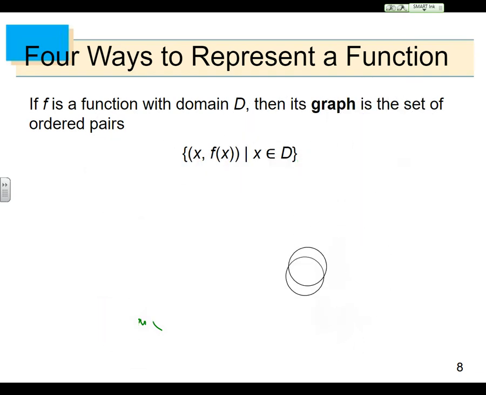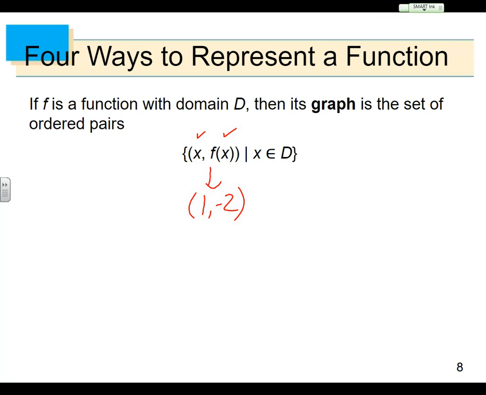Some ways that we're going to see this is definitely as ordered pairs. So just bringing this down right here, this is just like the ordered pair (1, -2). By the time I take all the ordered pairs, every input that leads to an output, every independent that leads me to a dependent, I get all those points, I'm going to have a graph.